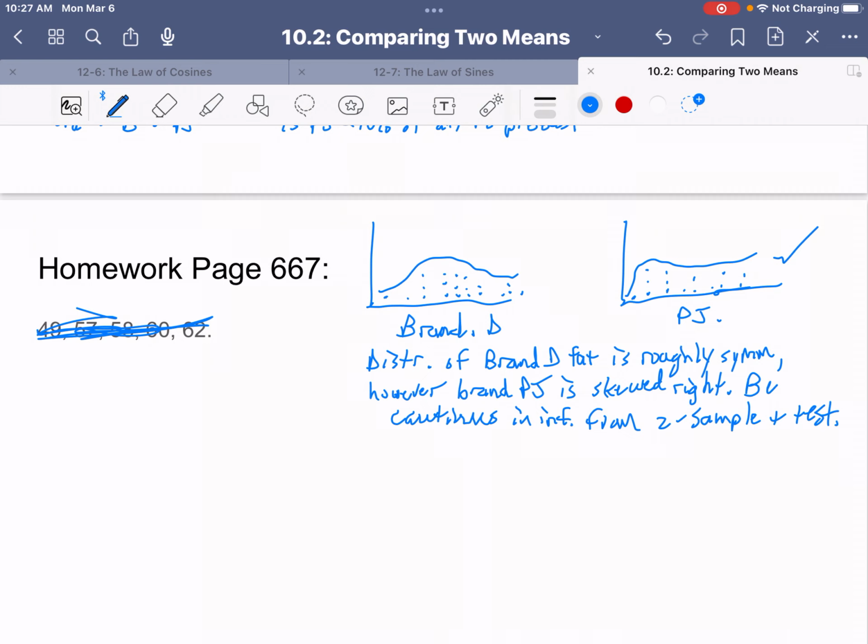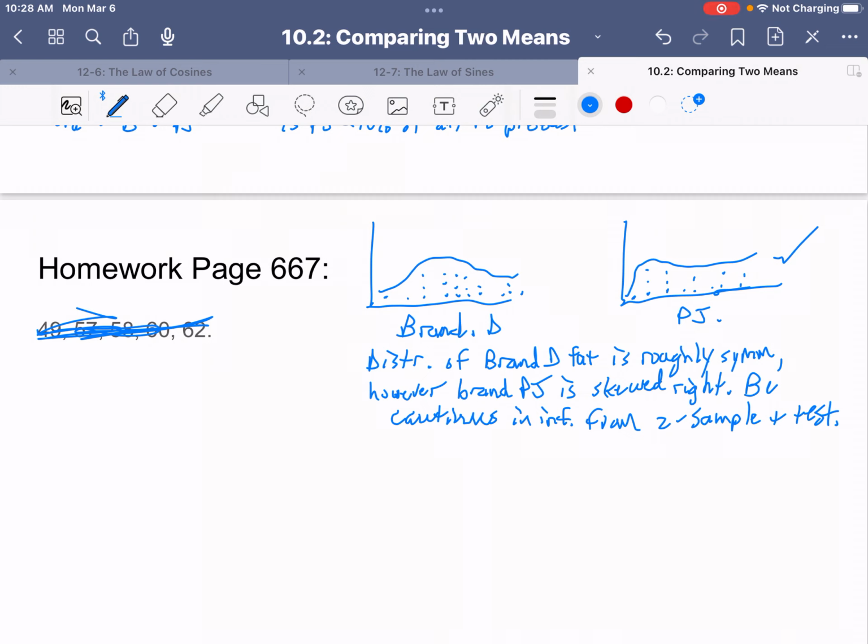List 1, I named mine D, and list 2, I named mine PJ, and leave both frequencies as 1. Then I've got to change my alternative hypothesis to the greater than case, and then say OK, leave pooled at no.